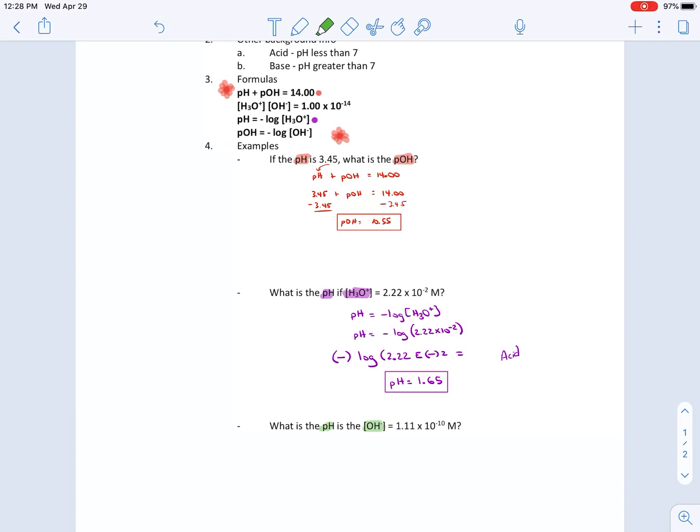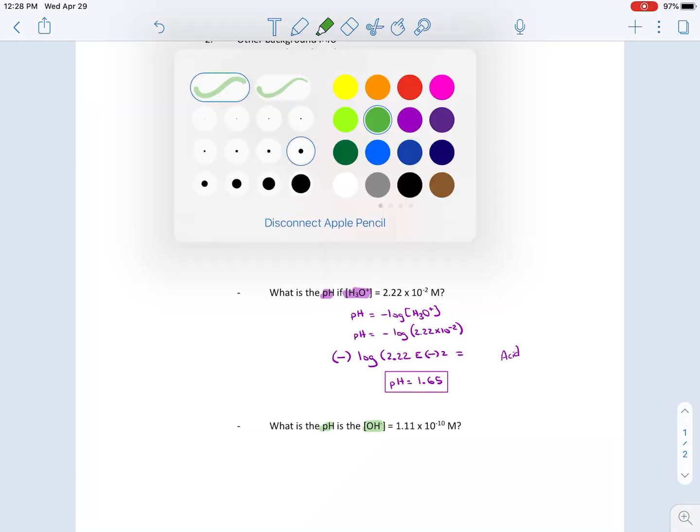If we see up here, we don't have one that takes us directly from OH to pH, right? We can go from OH to pOH, like this one right there, and then go to pH from pOH. We could also, the other way we could go is go from OH, change colors here, let's go orange.